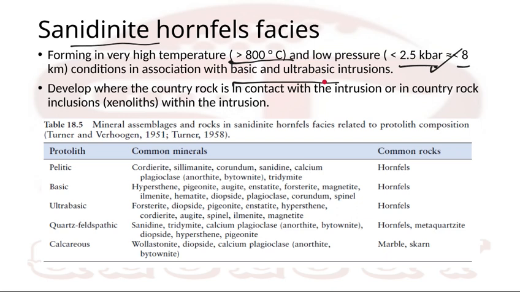Basic magmas have temperatures like 1600 to 1700 degrees Celsius, so they can release a high amount of latent heat, where the country rock's temperature can increase to greater than 800 degrees Celsius. So sanidinite facies is basically associated with basic to ultrabasic intrusions.